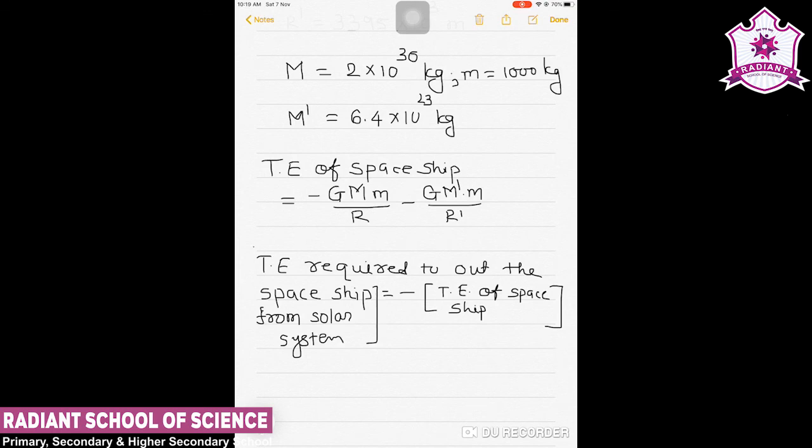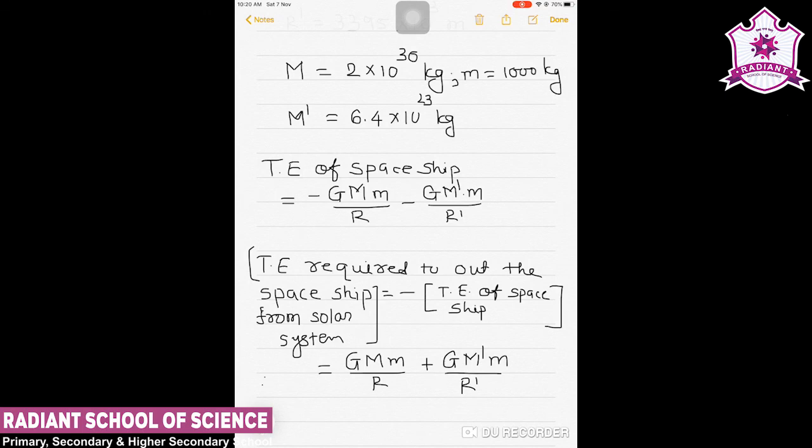So this is the first thing that we can put, that is equal to plus GMm over r plus GM'm over r'.